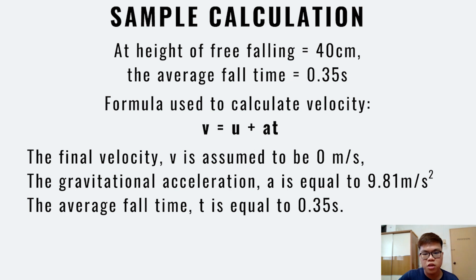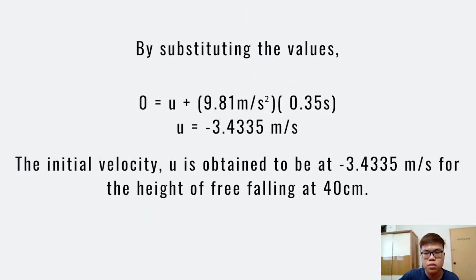The gravitational acceleration A is equal to 9.81 meter per second square, and the average fall time T is equal to 0.35 seconds. By substituting the values into the formula, we have obtained the initial velocity U to be negative 3.4335 meter per second for the height of free falling at 40 centimeters.